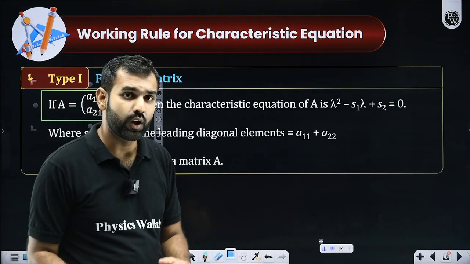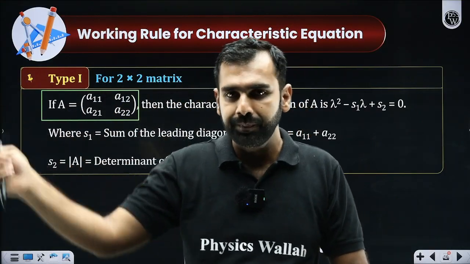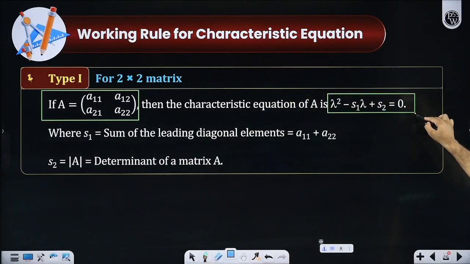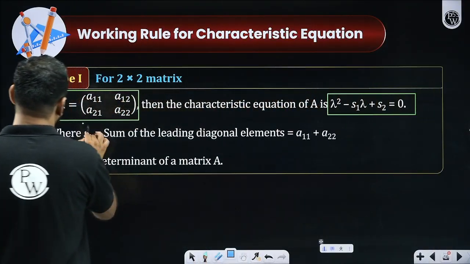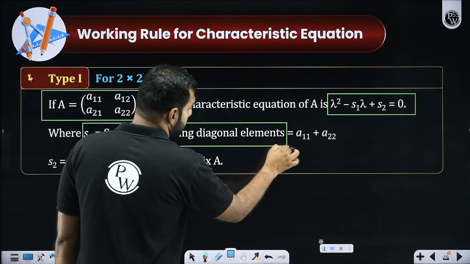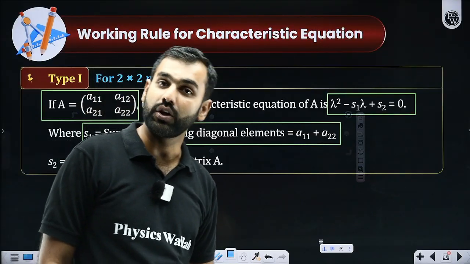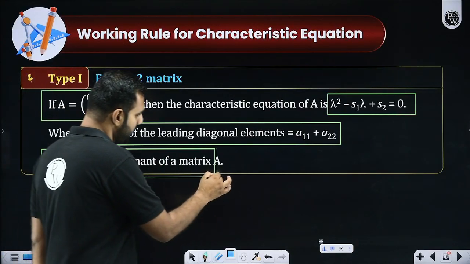If there is a 2 by 2 matrix, then the characteristic equation of this matrix can be given by determinant of A minus lambda I is equal to 0. But to save your time, what you can directly use is lambda square minus S1 lambda plus S2. S1 is always the sum of the leading diagonal elements, which is called the trace of that matrix. And S2 is always the determinant of that matrix.